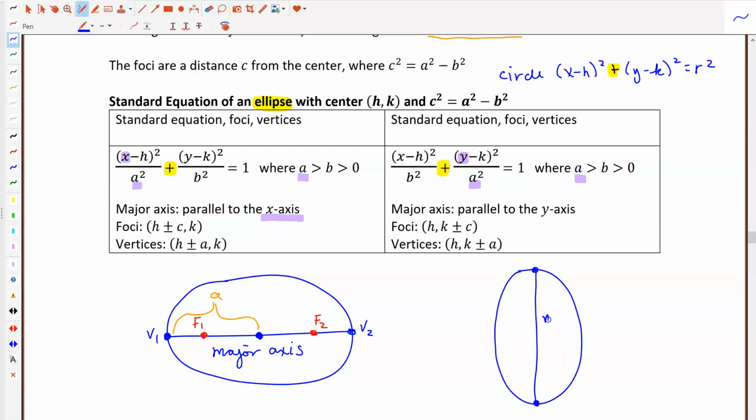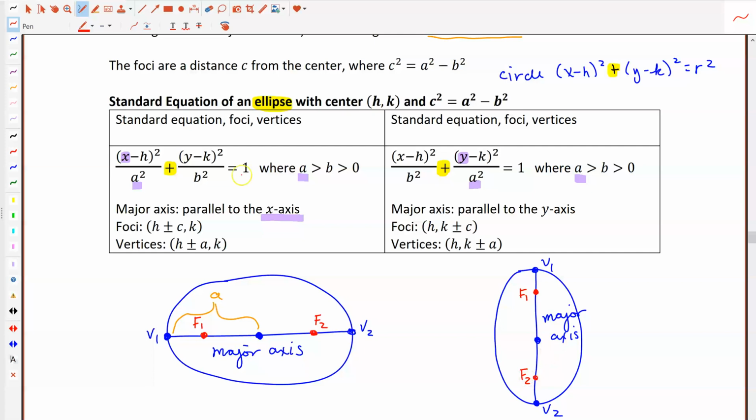So then that would be your major axis. Again, we'd still have your center, the vertices still live on the major axis, and your foci still live on your major axis. Just now everybody's going to be moving in the y direction.